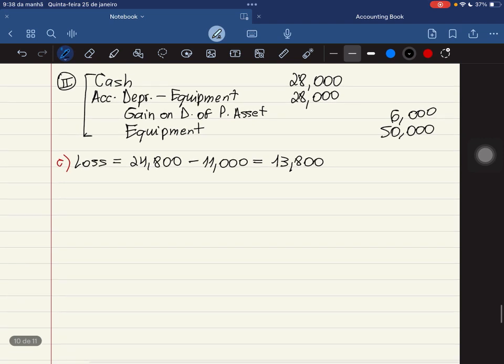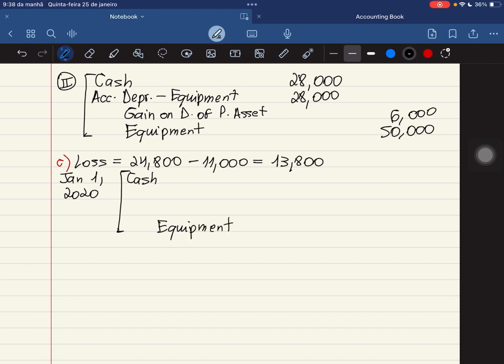Okay. Since this is January 1st, just one entry, correct? Just to record the selling of the asset. So we're going to have one big entry. Cash goes up, equipment goes down, like before.